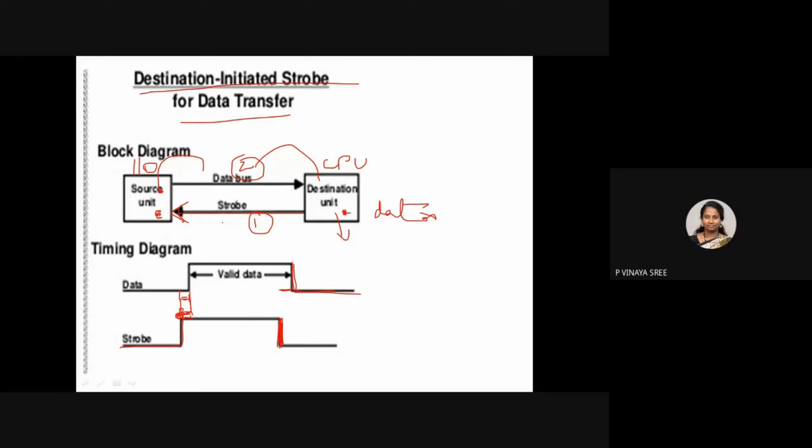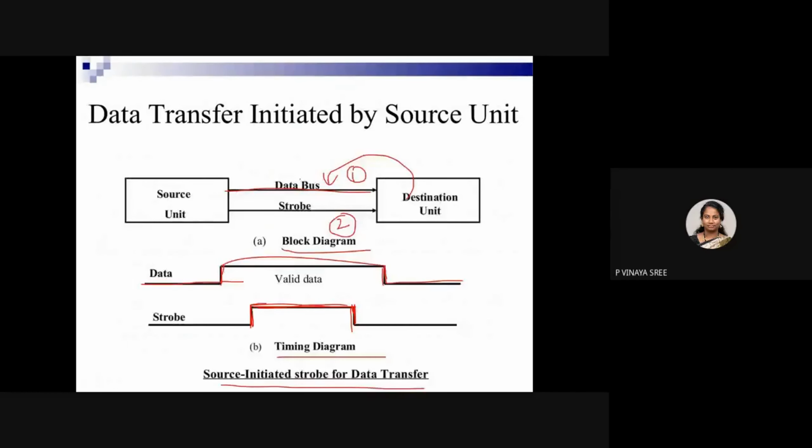Okay, but we have some disadvantages in this. Let me go for the first disadvantage. Try to concentrate. The source unit first places the data; this is source initiated. We discussed strobe: we have source initiated, and the other one is destination initiated.